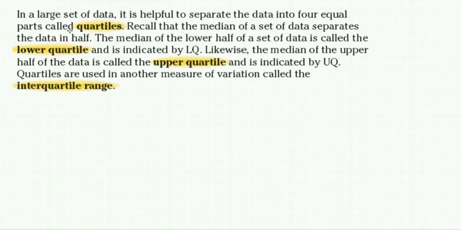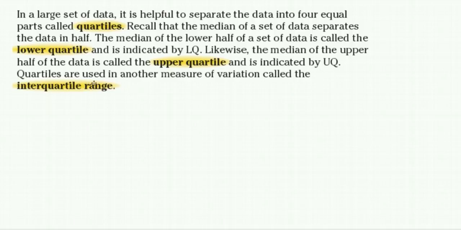Now, next few definitions. If we have a large set of data, it is helpful to separate the data into 4 equal parts called quartiles. Recall that the median of a set of data separates the data in half. The median of the lower half of the set of data is called the lower quartile and is indicated by LQ. Likewise, the median of the upper half of data is called the upper quartile and is indicated by UQ.